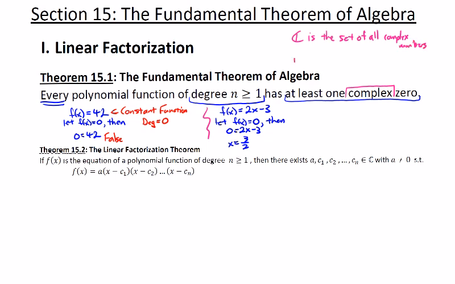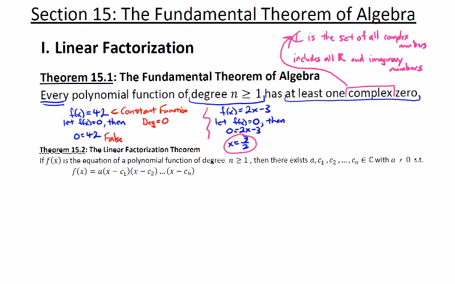And this includes all real numbers, and it also includes just the regular imaginary numbers. So x equals 3 over 2 may not have any i's in it to make it look like an imaginary number, making it complex, but if we allow ourselves to think of the word complex here as really meaning the entire complex set, then any real number would also fit into the category of being complex.